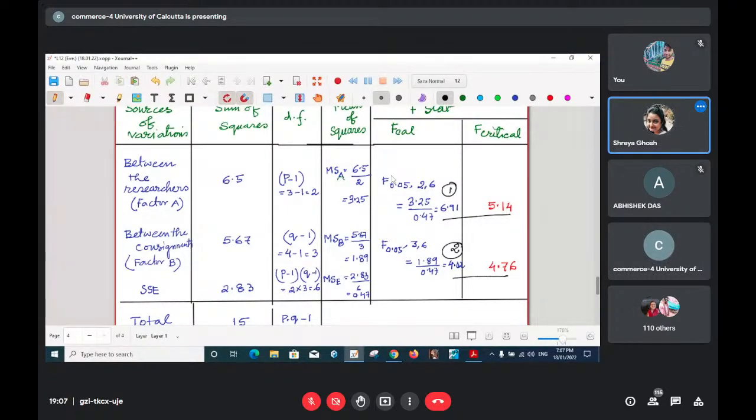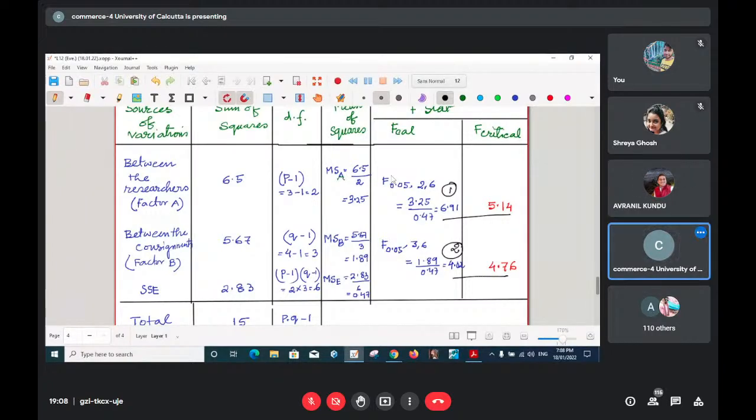So that means that the F statistic, that is variations due to researchers, exceeds the tabulated value. Am I clear? So what will be the conclusion? So the null hypothesis is getting rejected.